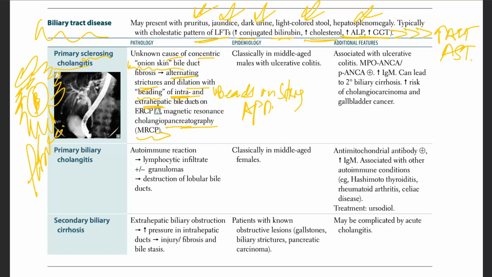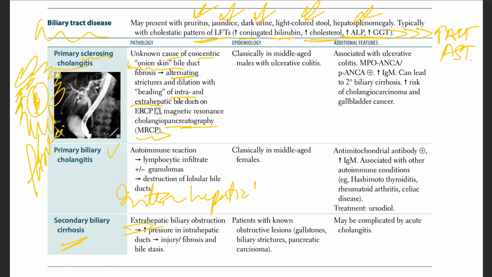And what was involved? Intra and extrahepatic bile ducts. Both intra and extra are involved. Versus in this one, only the intrahepatic bile ducts are involved. And in this one, only the extrahepatic bile ducts are involved.